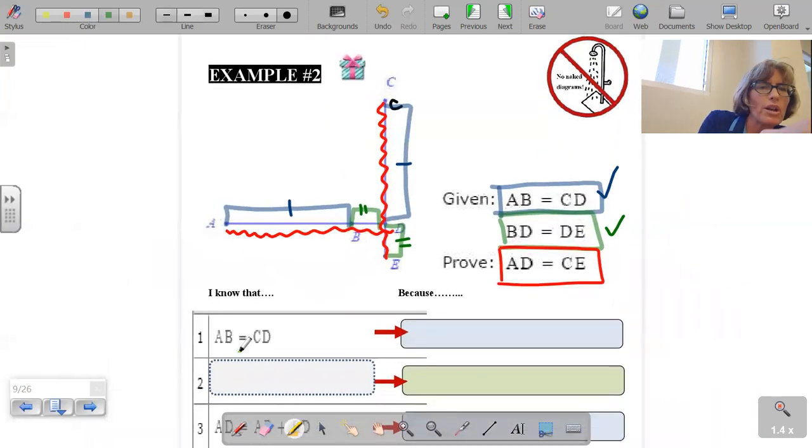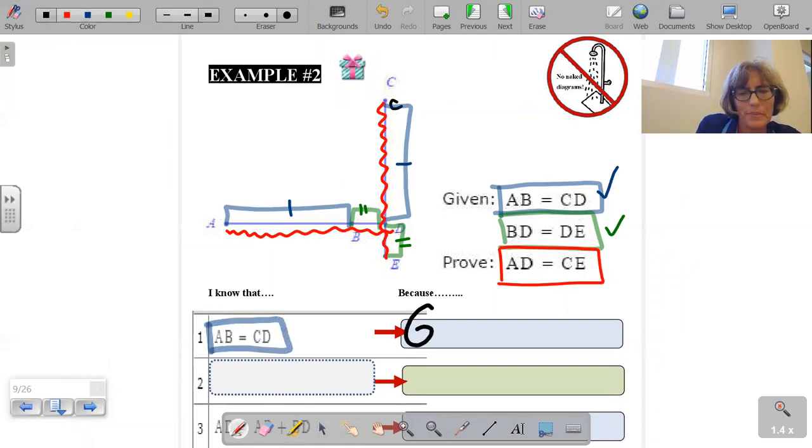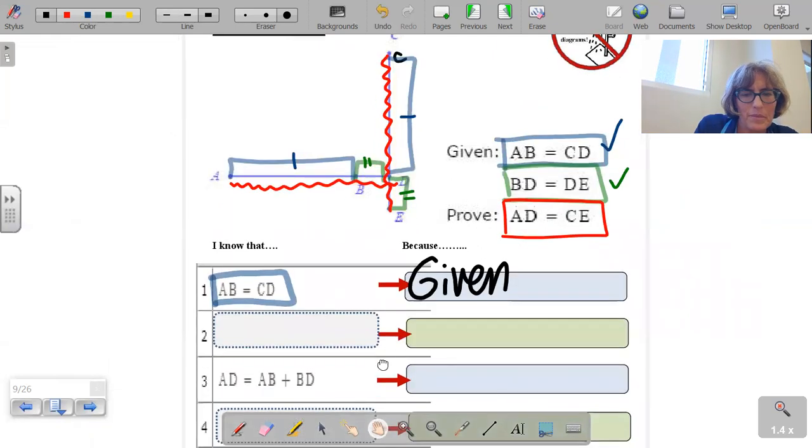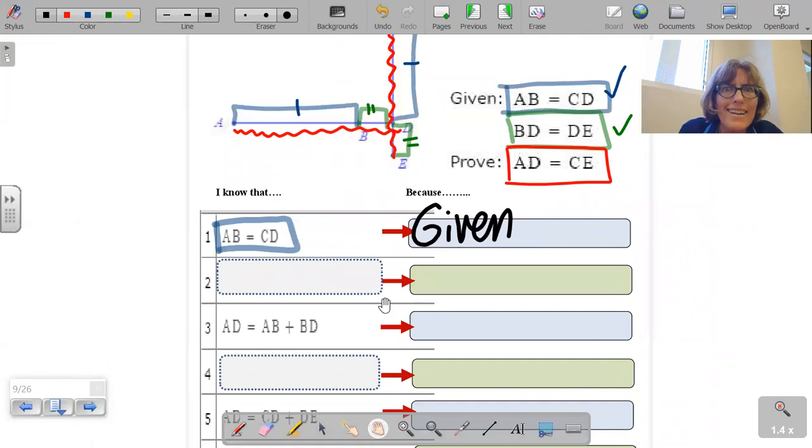So step one, I know that AD and CD are equal. Why do I know that? It's given. Okay, and you're like, uh-oh, now I got a blank on the left. What's up with that? So you kind of have to see how things fit together.